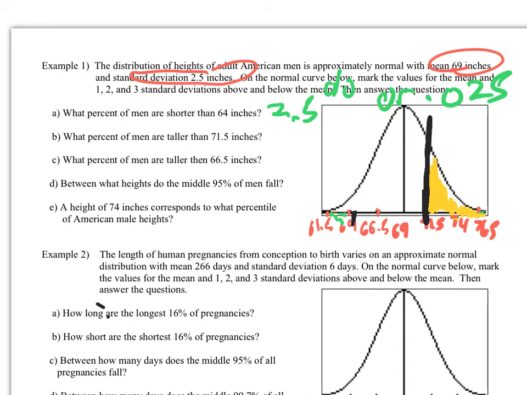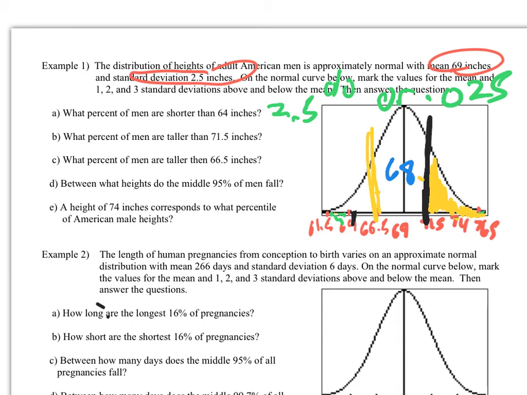Mr. Cartwright? Yes. I think that A is supposed to be 2.35. No, we're not doing the exact answer. We're doing the empirical rule, approximately. Because we're not using a calculator. Okay? So, 1 standard deviation to 1 standard deviation is what percent? 68.